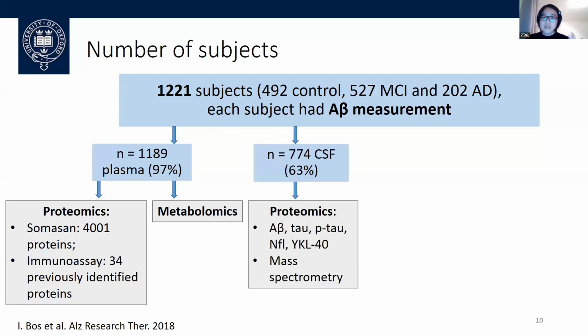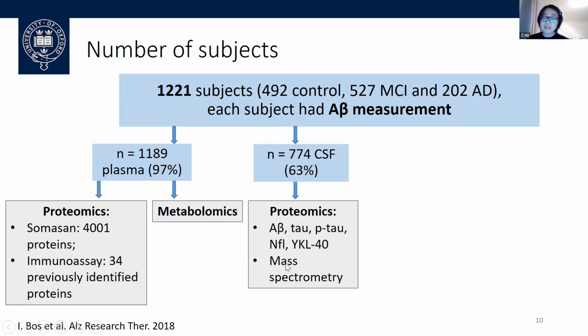63% of them had cerebrospinal fluid samples, and we also did proteomics. First, we measured core AD markers, including A-beta, tau, p-tau, NFL, and YKL40. So these are the Alzheimer's-related biomarkers.